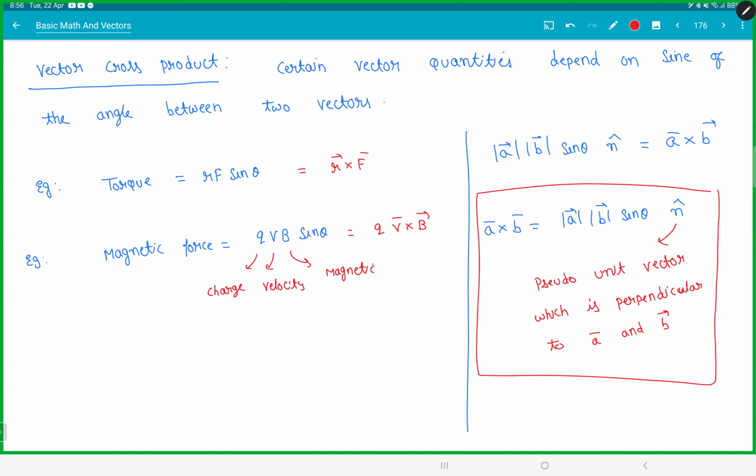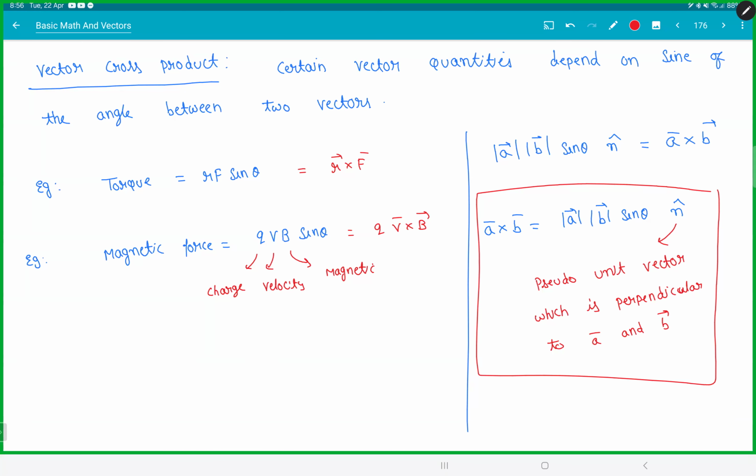And like I said, vectors is actually more of a maths chapter than physics, but quite an important one. Clear?